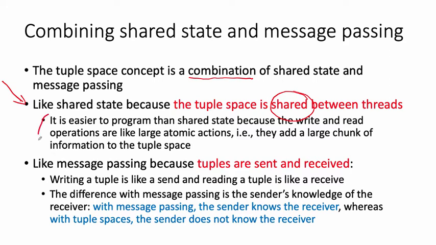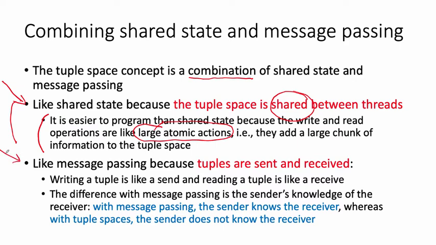It's easier than regular shared state because the write and read are already large atomic actions. Putting a big tuple in the space is one atomic operation. Reading, which is removing a tuple, is also an atomic operation. So they're already large atomic actions, which makes it easy to program. That's why it's like shared state.